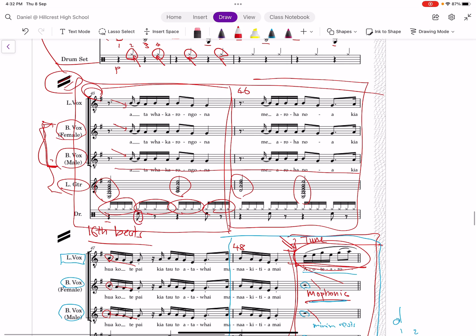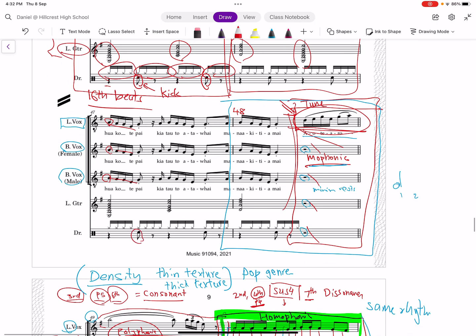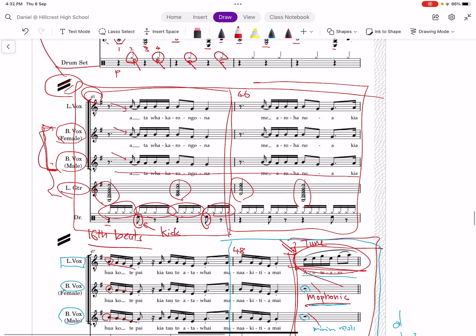Now the kick drum. So that's your kick drum. I'm assuming, yeah, that's the lowest one there. So the kick now is more pronounced. The kick drum or the bass drum is playing every second and fourth beat. Again, this gives the feel of reggae.